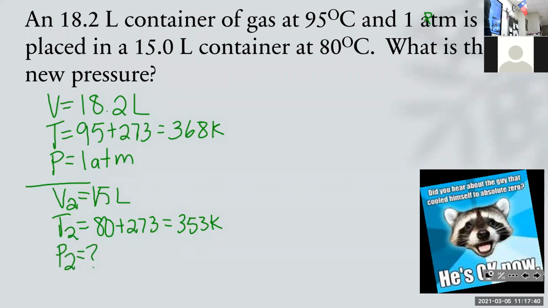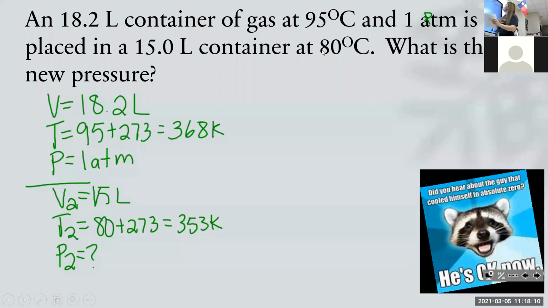So the way that I know this is combined gas law and not just Boyle's is I have pressure, volume, and temperature all changing. Now, actually, the combined gas law is P1, V1, N1, T1, but generally in academic chemistry I'm not going to put another variable in there. So I'll just keep it as P1, V1 over T1. Let's plug in our numbers now that we have our variables.